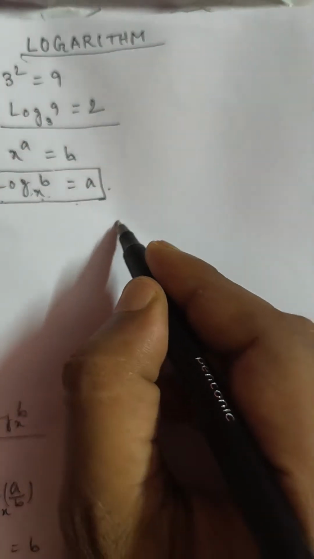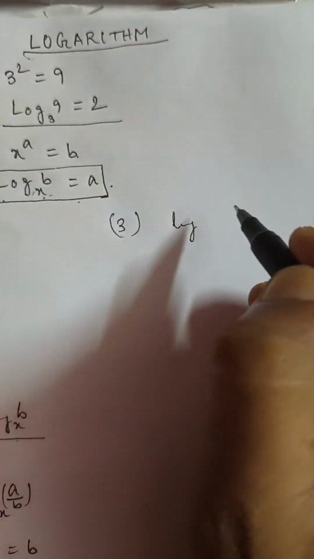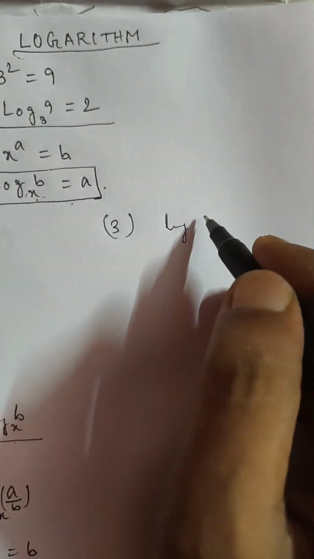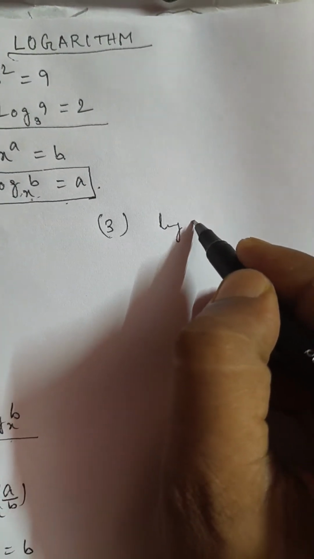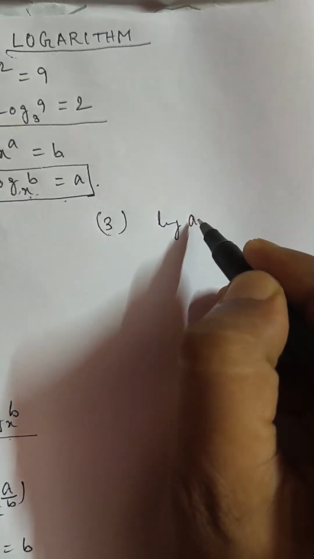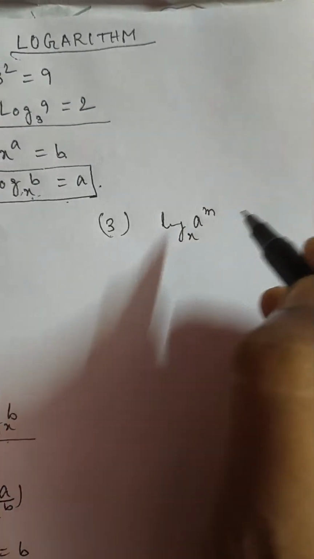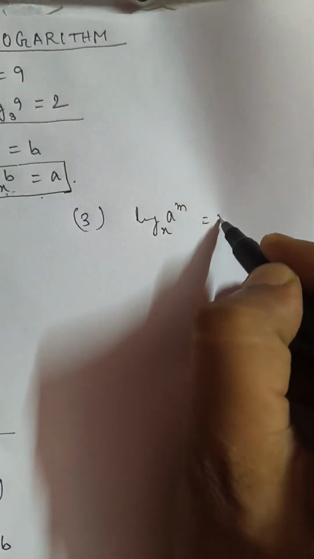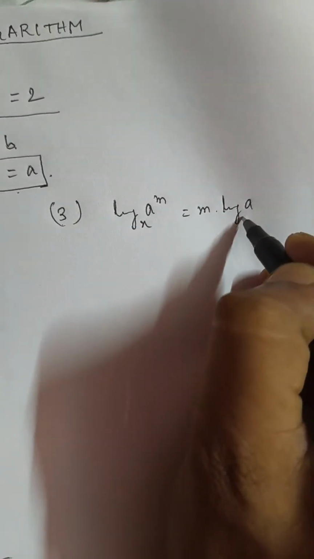Now the third property, that log of a to the power n base x is equal to n into log of a base x.